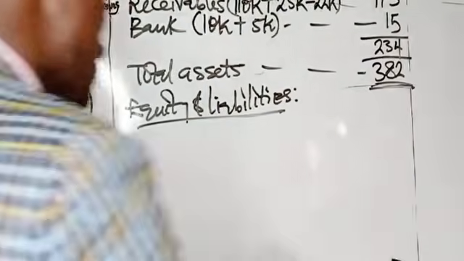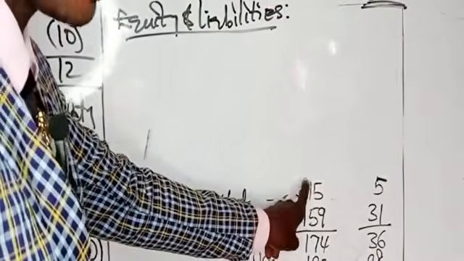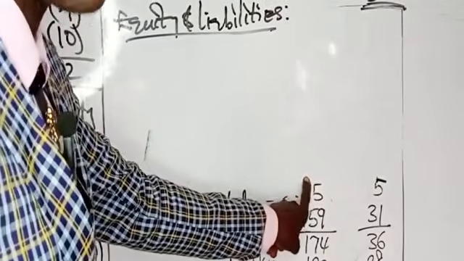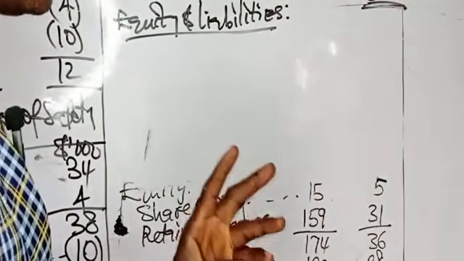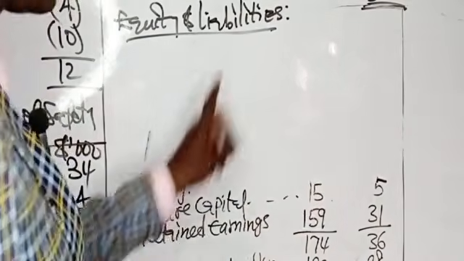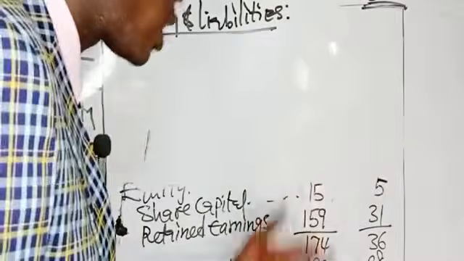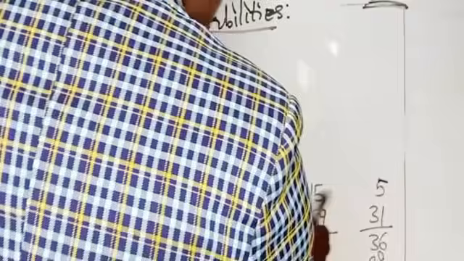The only instance where the share capital will vary is if there is a further issue of shares after acquisition, and that is not usually examinable. Another instance is if there is a share exchange consideration, and in this question, we don't have anything as such.